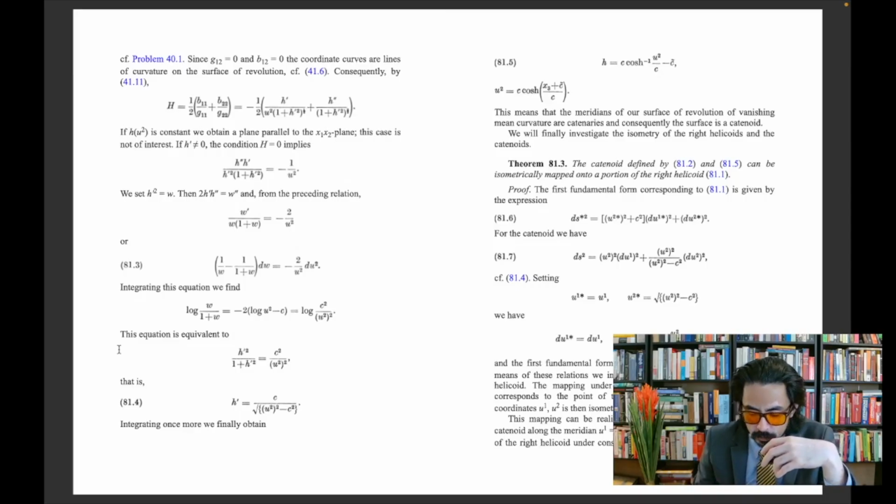Therefore, we set lowercase h prime squared equal to, let's say, lowercase w, then 2 times lowercase h single prime, then times lowercase h double prime. This equals lowercase w double prime, and from the preceding relation, we have a fraction w prime over a denominator of w times quantity 1 plus w closed quantity.